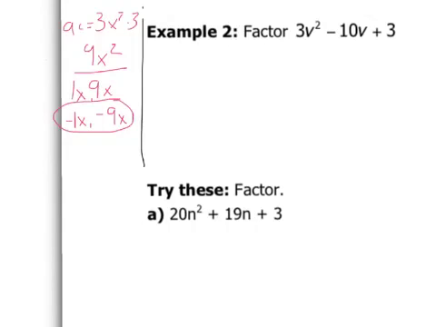So 3x squared and 3 are going to stay, and negative 10x becomes these two things. Minus 1x, sorry, we're doing x's, right? And minus 9x. So I have 3x squared minus 1x minus 9x plus 3. So all I did was change the middle term, broke it into my two factors.